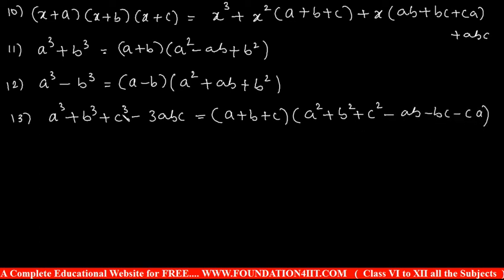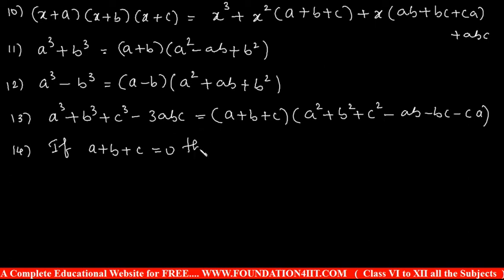If you multiply this, you will get this LHS. This you need to remember. Based on the 13th, we have the 14th one. In case a plus b plus c is equal to 0, the entire product is 0, since 0 into this is 0 only. Then from formula number 13 you can make it like this.